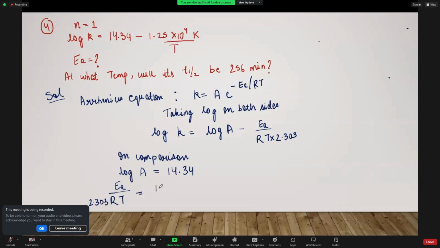This is from the above equation. This is 1.25 into 10 to the power 4. This K is nothing, this is Kelvin. Okay, this K is always Kelvin. Divided by temperature.